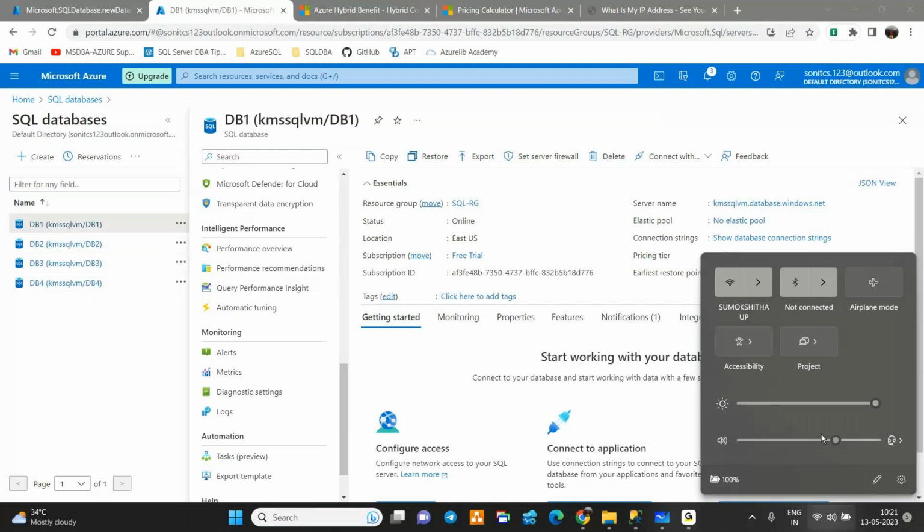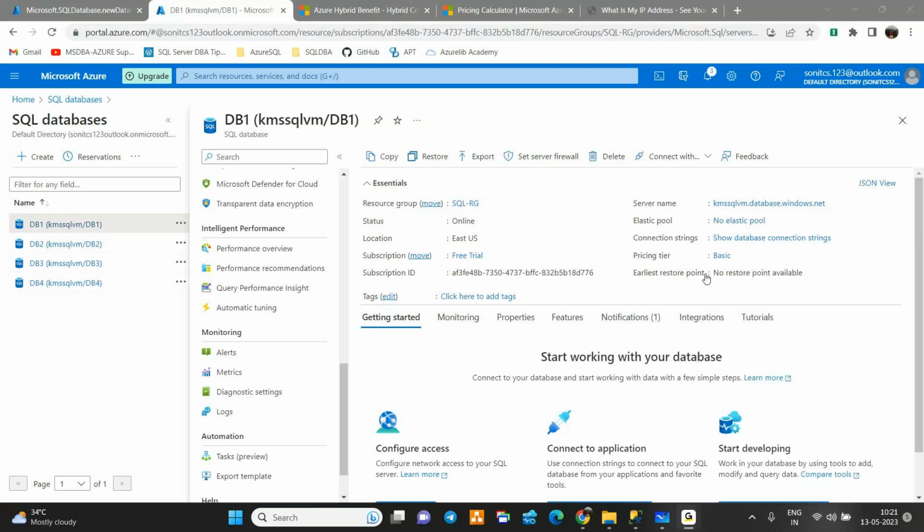Maybe my voice was different. So what I mean to say is, whatever activity you do on-premises, the same thing you will do, apart from backups, patches, upgradation, all this stuff will be taken care of by Microsoft.